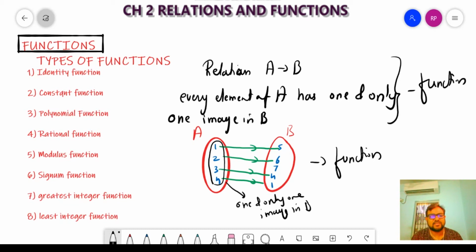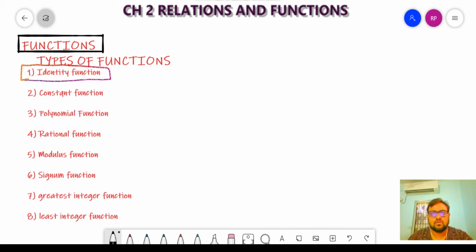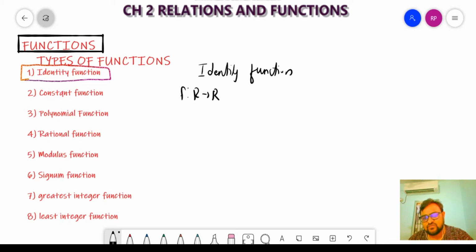Clear? Now let's see types of functions. The first one is the identity function. Let the function be defined on real numbers, f from R to R. If this function is defined as f(x) = x, then it is the identity function.